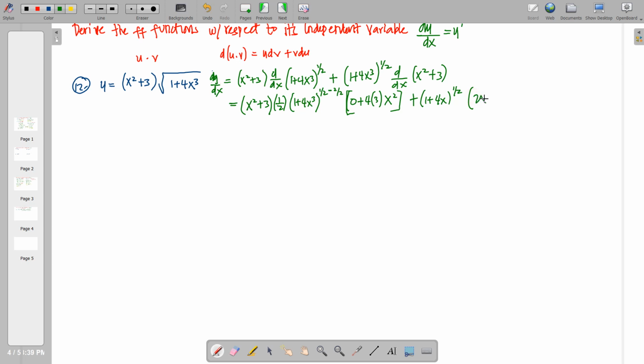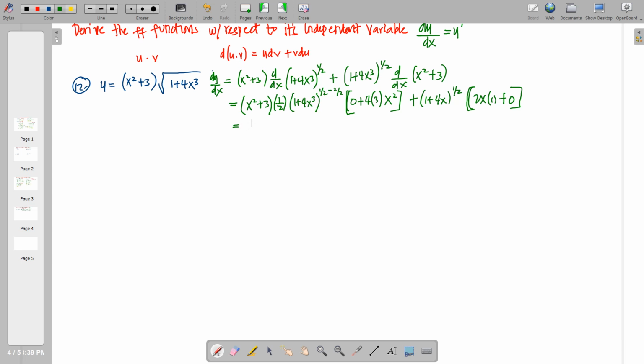So derive that. We bring down 2x, subtract one. This is times 1 or dx over dx, plus 0. Okay, so that's it. We just simplify now.